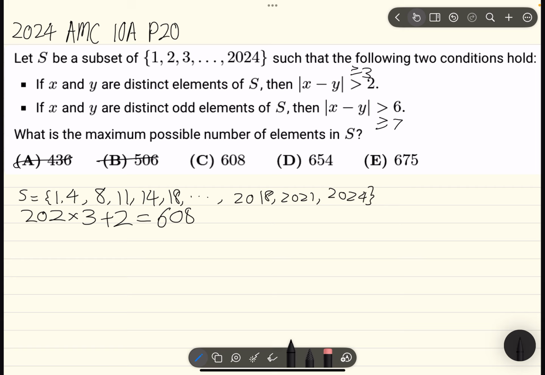There aren't that many possibilities here, so let's just list everything out. It's not that difficult. If we start with 1, we have again 1, 4, 8, or we could have 1, 4, 9, but either way, there's only 3 elements. Let's say we didn't want a 4, we wanted a 5.